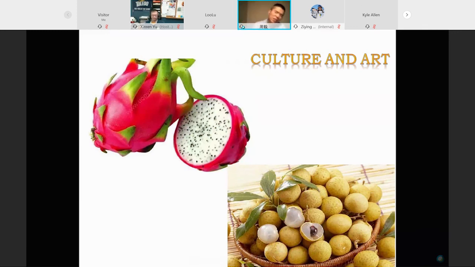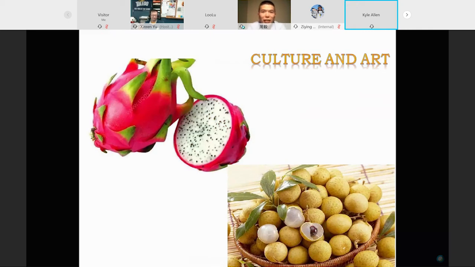We have some fruits that have the name of dragon. Okay, so Kyle, what is the name of this, the first one, the red one in English? I want to say it's just dragon fruit. Oh, you call it dragon fruit too?